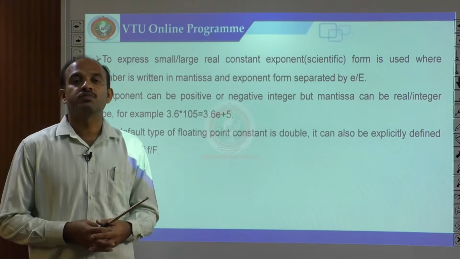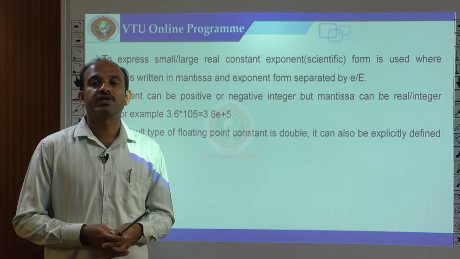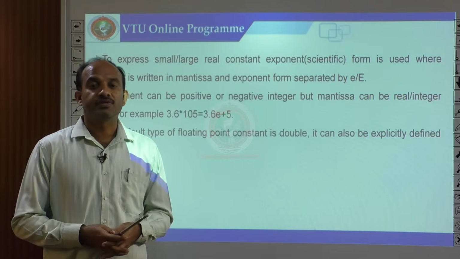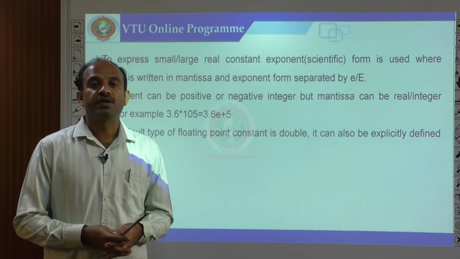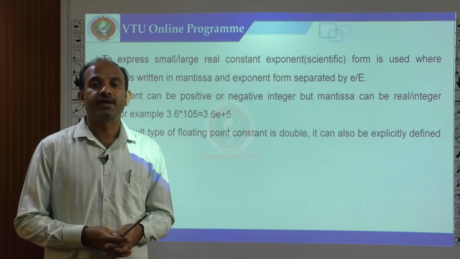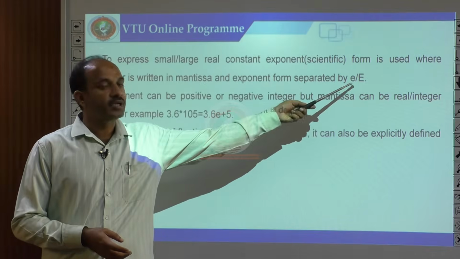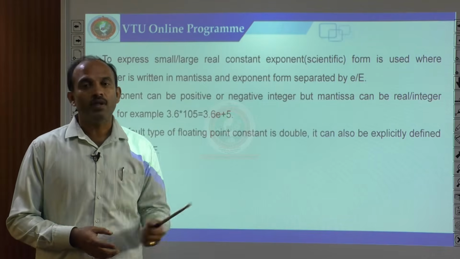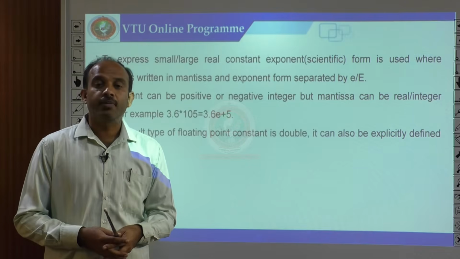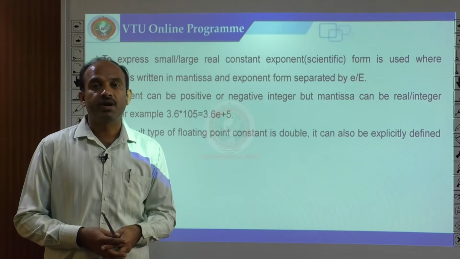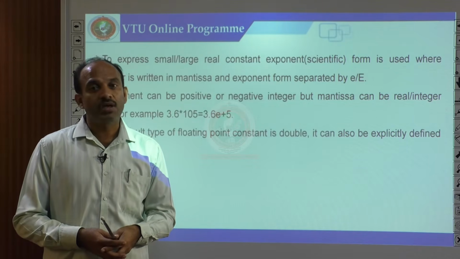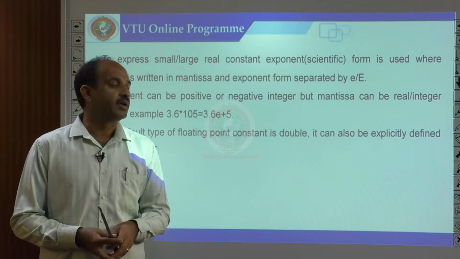To express a small or large real constant, the exponent form of scientific notation is used, where the number is written as a mantissa and an exponent, separated by a particular notation. The exponent can be a positive or negative integer, but the mantissa can be real or an integer.